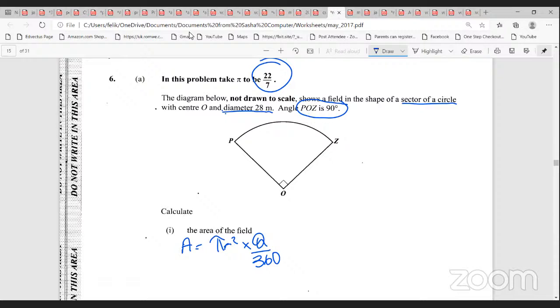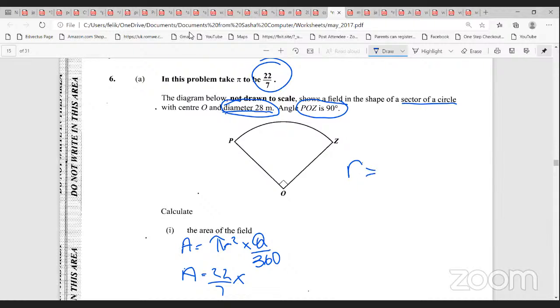All right, and we're going to go ahead and fill this in. So area equals pi, which is 22 over 7, good, times R. R stands for radius. Up here, we are given the diameter to be 28 meters. So if the diameter is 28, what is the radius?